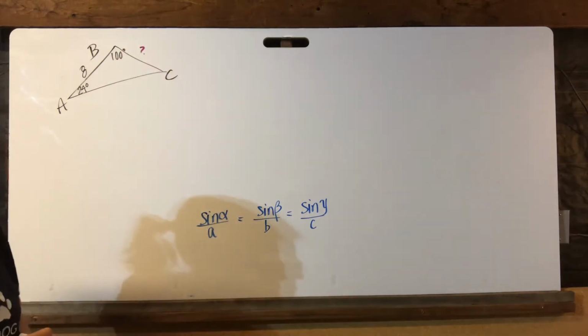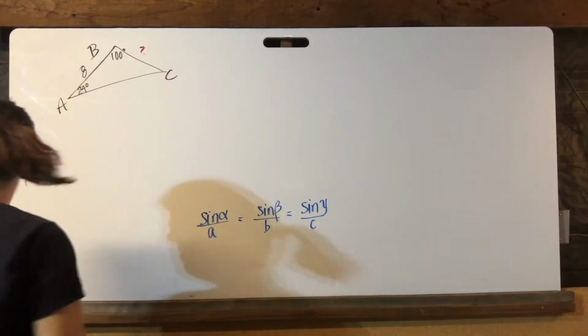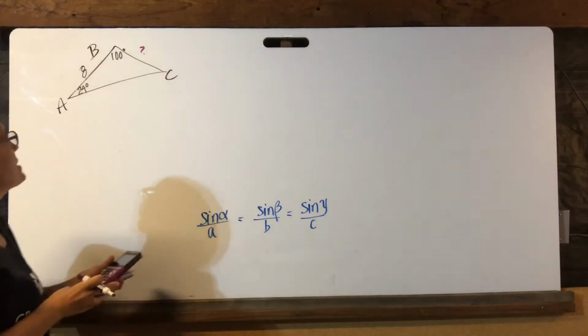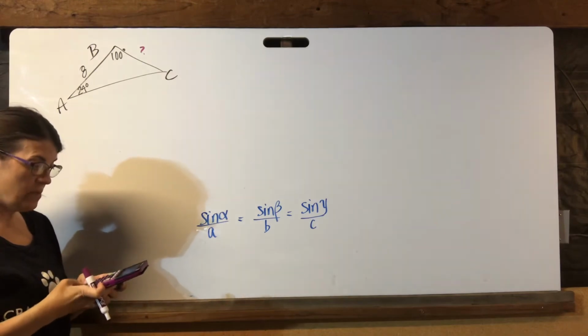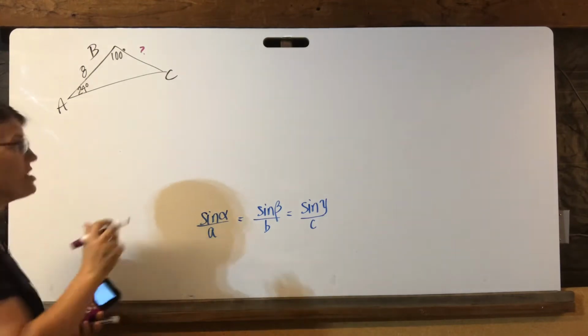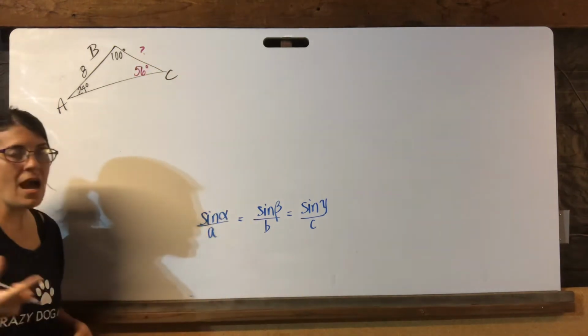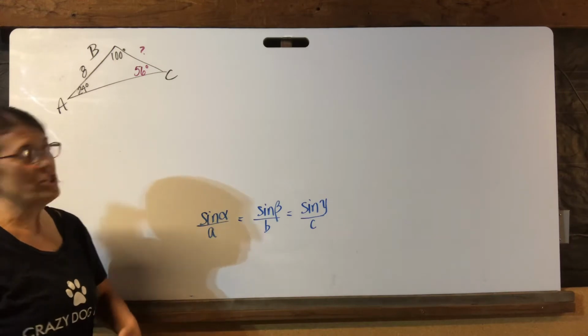Well, if I know 2 angles, I automatically know the third. So that's going to be 180 minus 124, 56 degrees. Now you have 3 of the 4 pieces of information that you need.